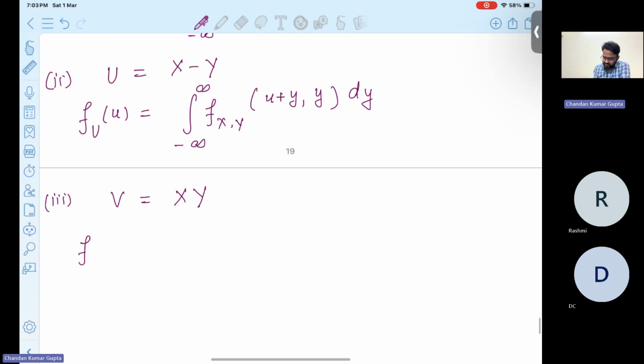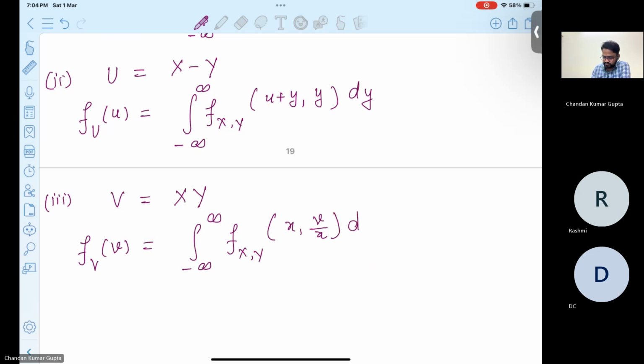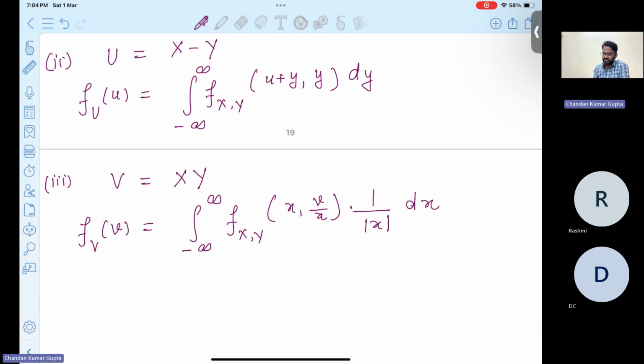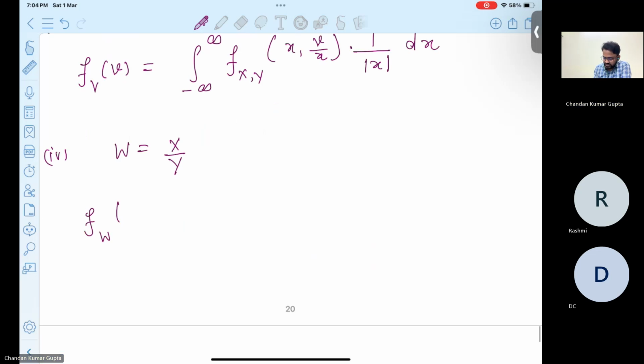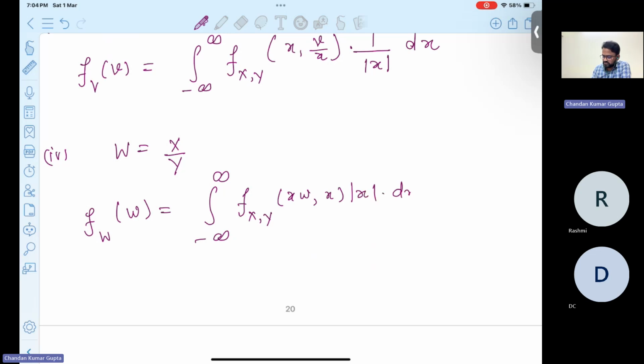Then the density is given by the corresponding integral with respect to dx. And if we have a division form, like w equal to x divided by y, then the density function of w is the integral involving x w and the product of x, dx.